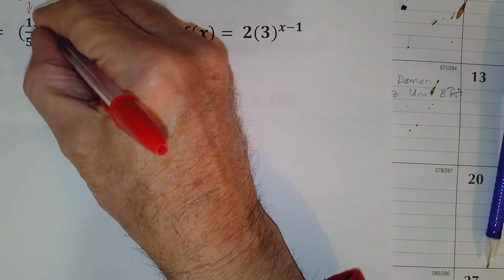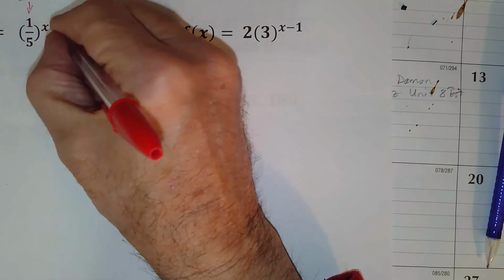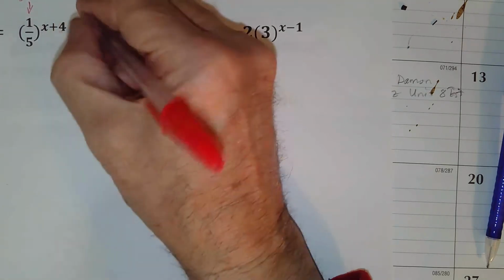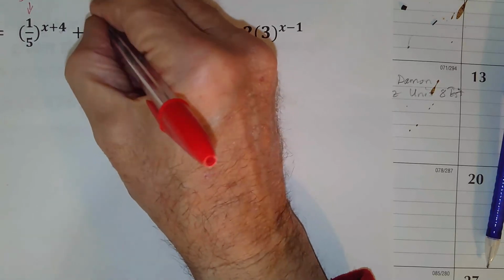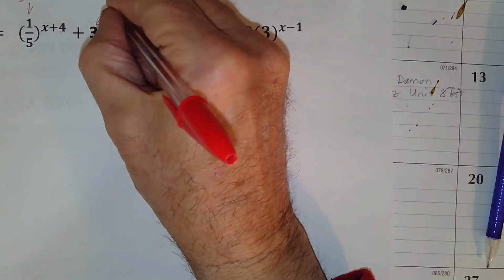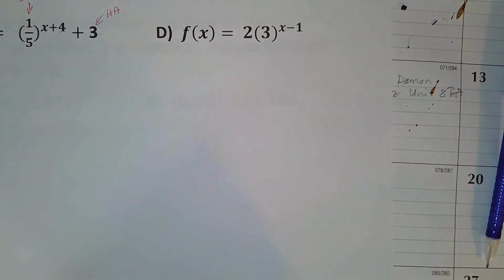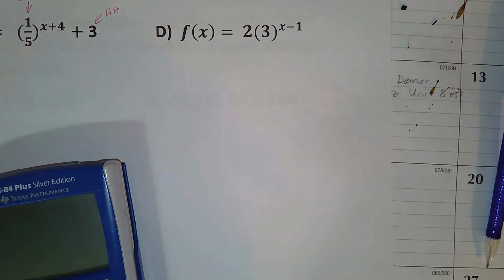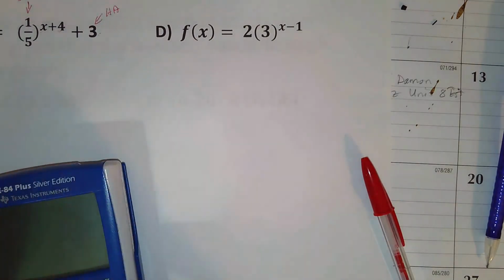And so we're going to have to put that into our calculator as x plus 4. And then this 3 here, you should know, is the horizontal asymptote. When you regraph this, you'll see just exactly that. So I'm going to look at a table for this. So I'm going to go ahead and graph this first.